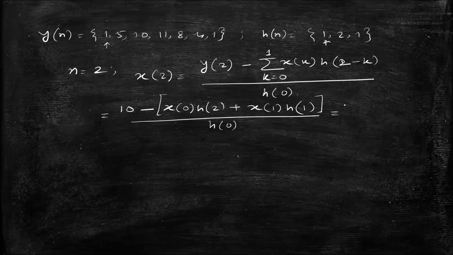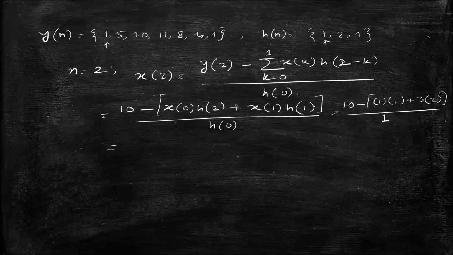So what will be the value: 10 minus x of 0, what was the value of x of 0, that is 1, into h of 2, that is 0 1 2, that is 1, plus x of 1, what was its value? 3, multiplied with h of 1, h of 0 1 2, and the value of h of 0 is 1.